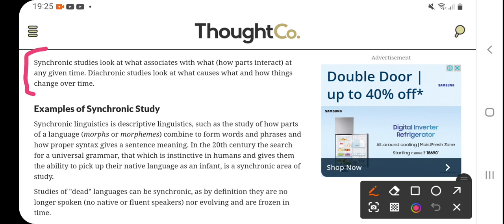Very important: synchronic studies look at what associates with what, how parts interact at any given time, whereas diachronic studies look at what causes what.